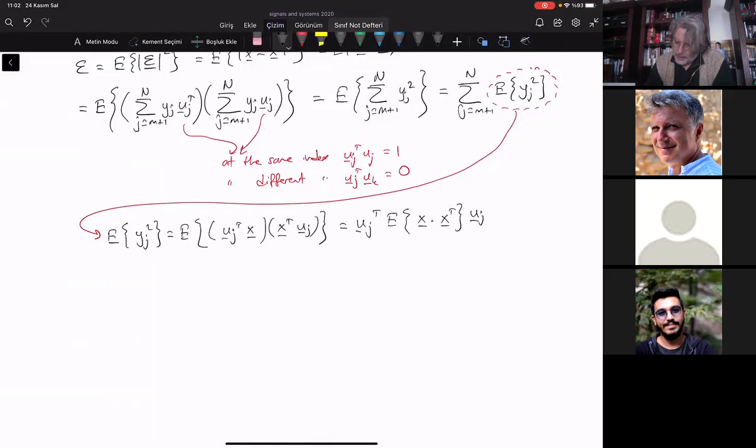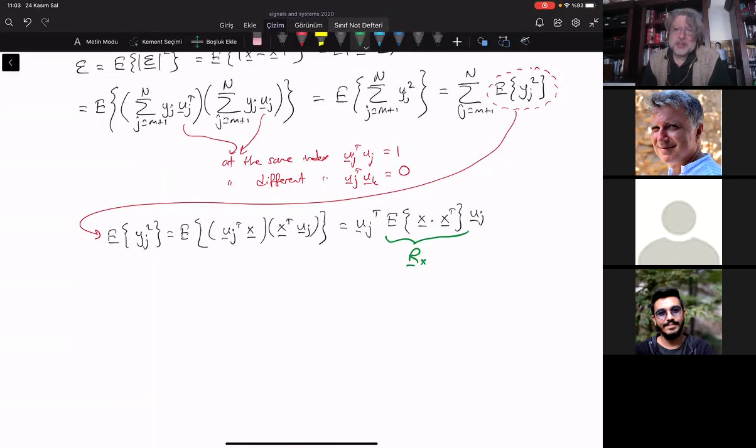And here we see something nice. Expected value of x x transpose is a matrix, and that matrix is the autocorrelation matrix. So we are going to use it.